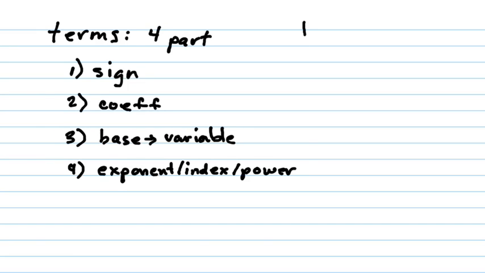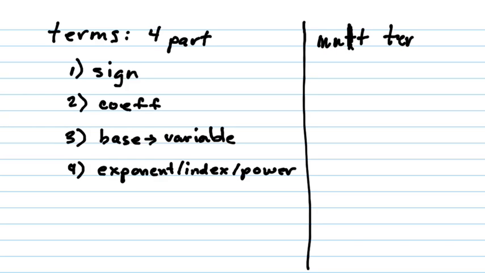So let's just talk a little bit about what we did last time. We were talking about multiplying terms. Remember the first thing we did? What's the first part of a term? The sign. So the first thing you have to do is determine the sign. Okay? So let's think about those rules for signs when you're multiplying.